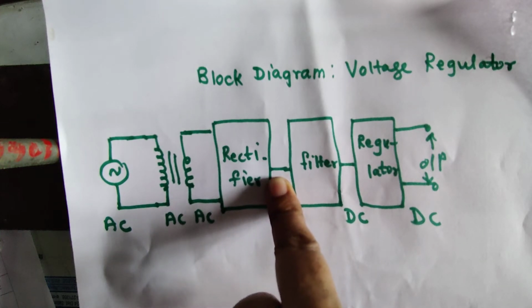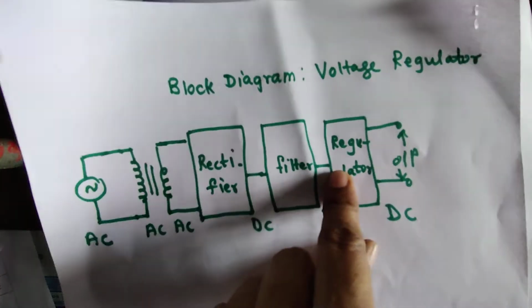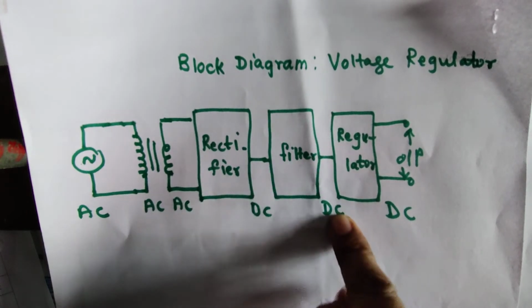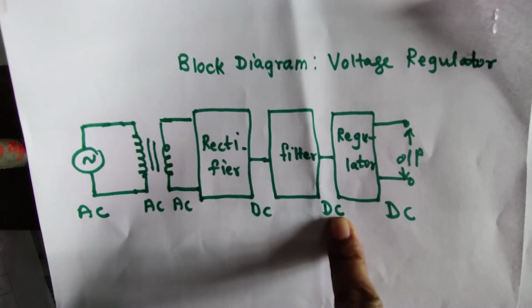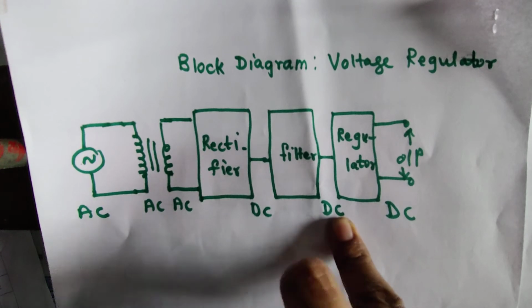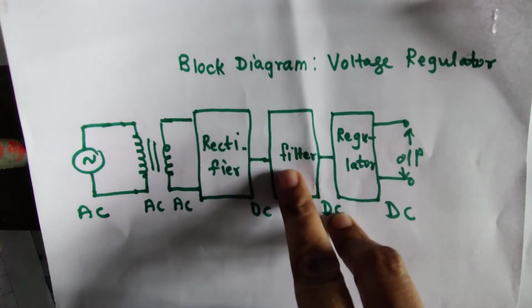These AC components can be removed using this filter. The filter purifies the output of the rectifier. Purification means removing dirt. Here purification means removing AC. At the output of the rectifier we are getting DC, but along with AC. This AC can be removed using this filter.